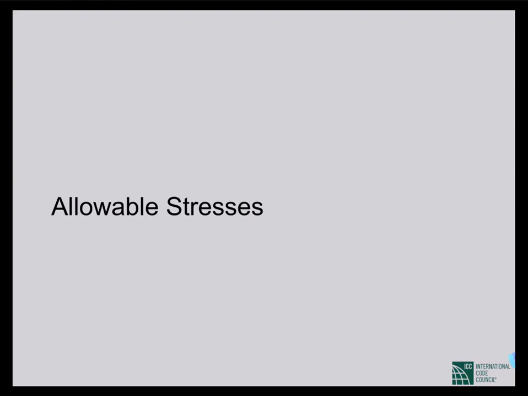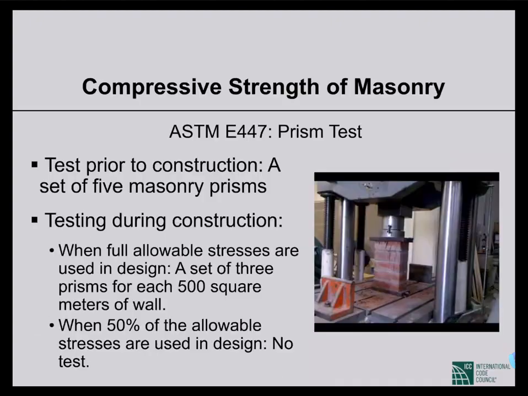Now, what are the formulas for allowable stresses? You remember, we will follow working stress design, so we'll define allowable stresses. But first we need to know the strength of the brick unit.